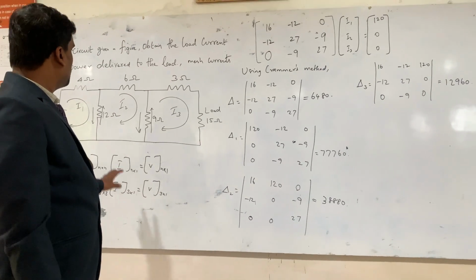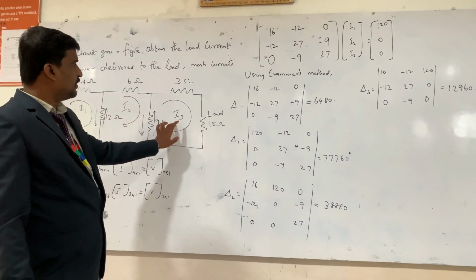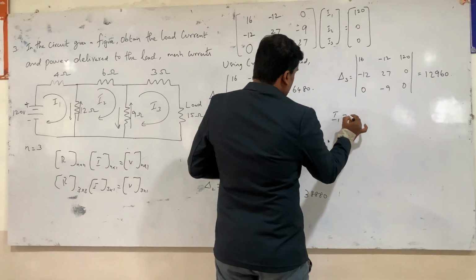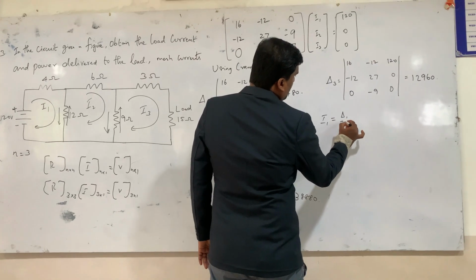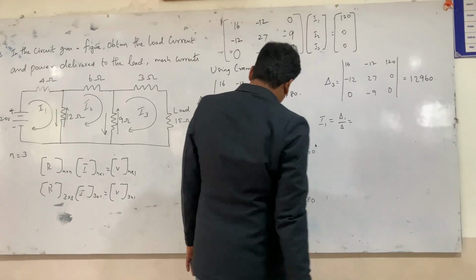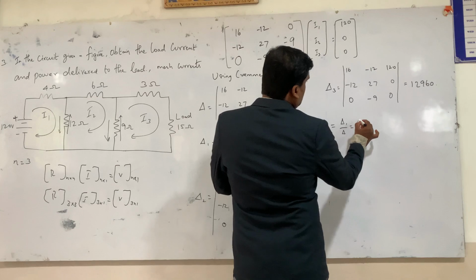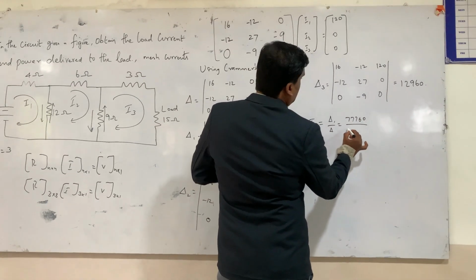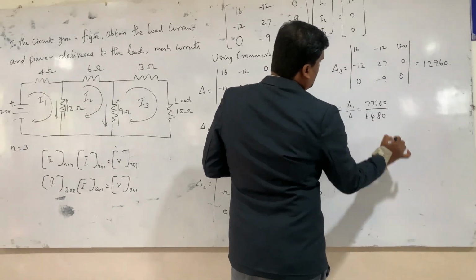So in this we have to find what is the value for I1, I2, I3. So we know the formula for I1, which is equal to del 1 divided by del. So the value for del 1 is 77760 divided by 6480.